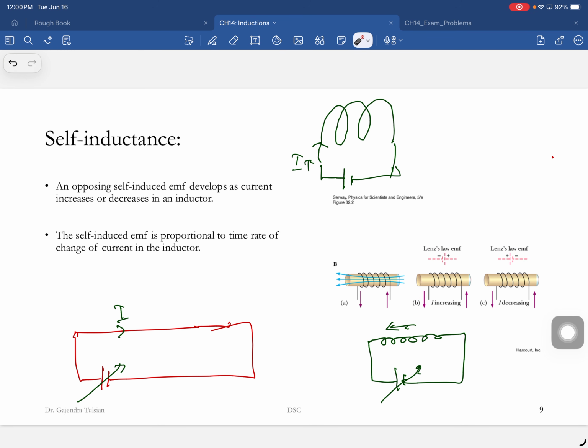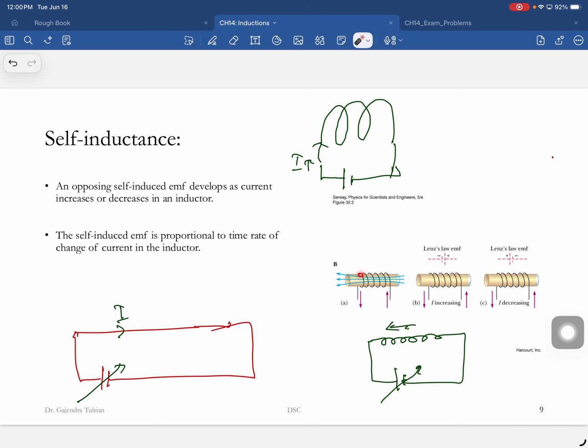And what is the EMF doing? Fighting the changing current. Very good. It's fighting the changing current. If you're trying to increase the current, it's going to produce an EMF in the opposite direction. What happens to the EMF when the current stops changing? It doesn't do anything.